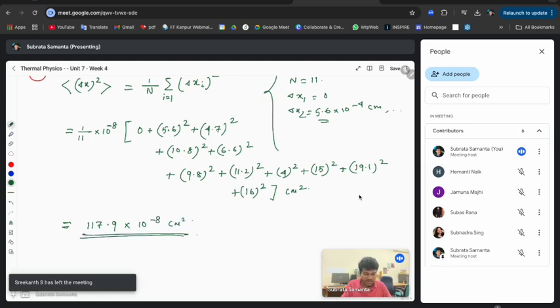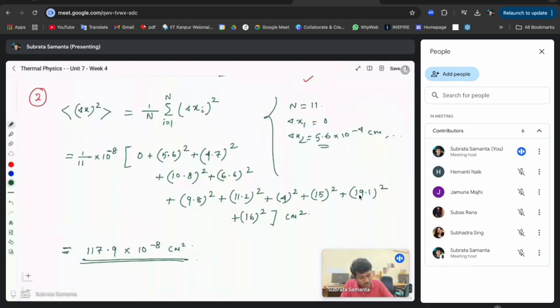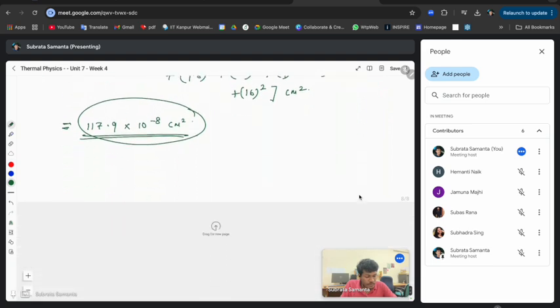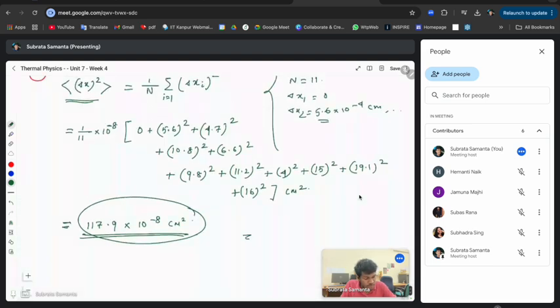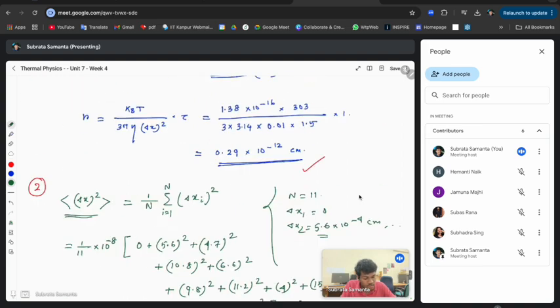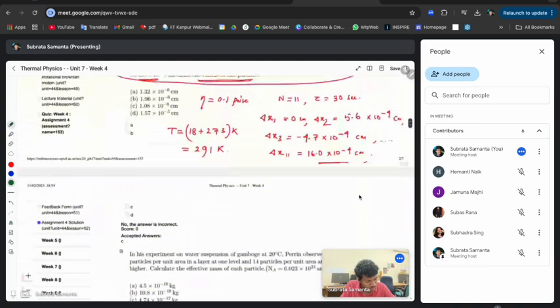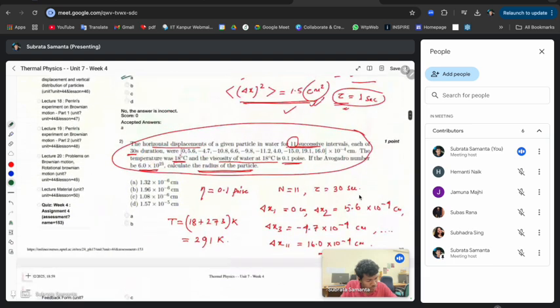Please check these answers. Now once you know the value of the average delta x square, tau is 30 seconds. Tau is already given in the problem; each interval is of 30 second duration, that means the time interval tau. So tau is 30 seconds and we know the delta x square.